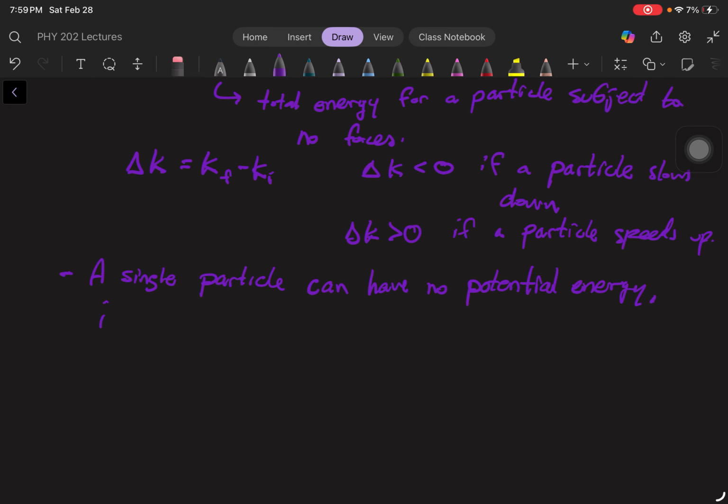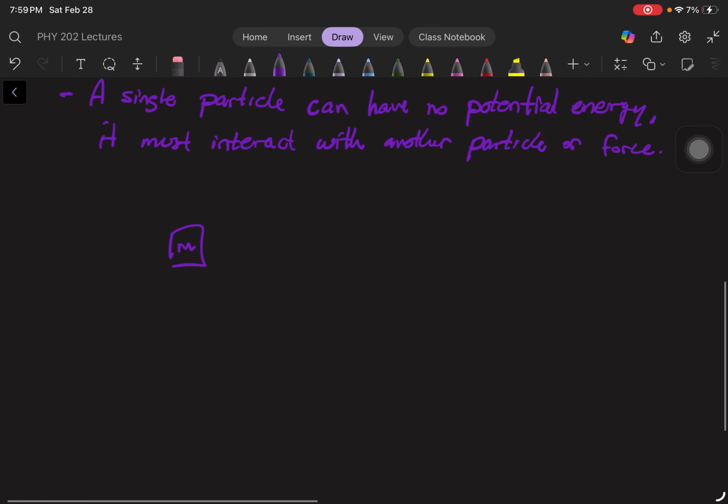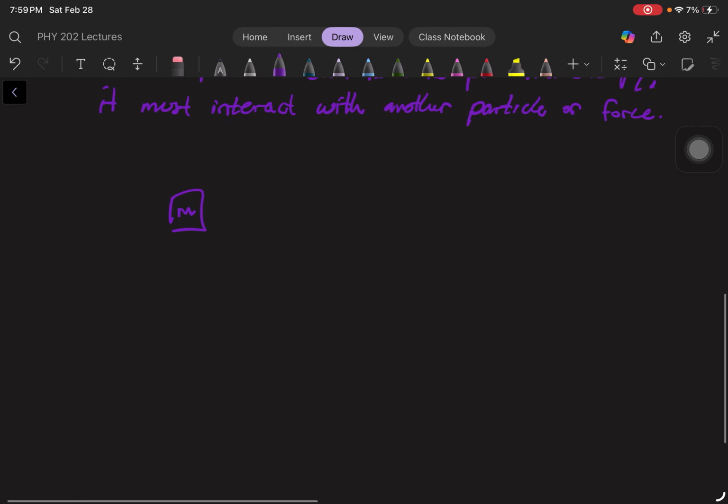It must interact with another particle or force. Just like if you had a block of mass completely isolated in a system of its own, it doesn't have any gravitational potential energy. You need the mass of the Earth or something to exert a force on it.